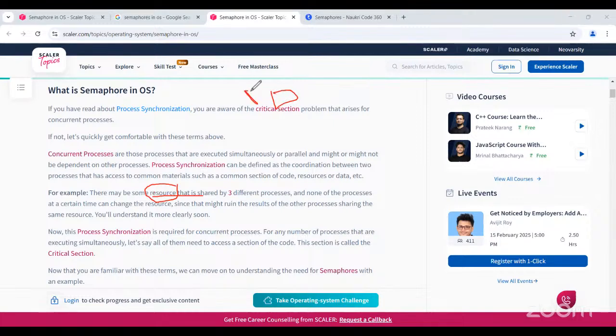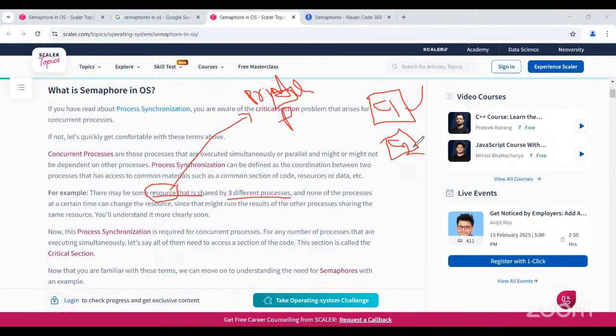There is a printer, and this is computer one and computer two, and this is the printer P. So the printer is the resource here.